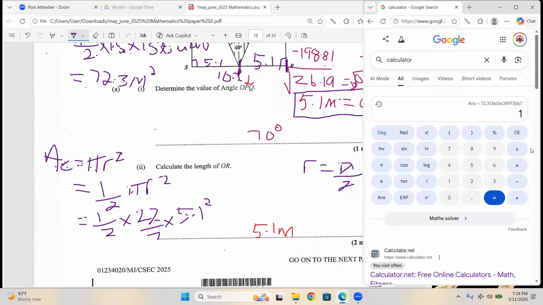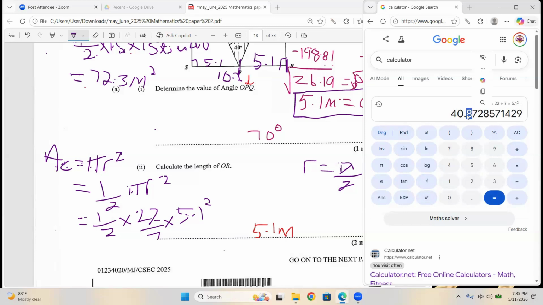Okay, so I am going to do 1 divided by 2, multiplied by 22 divided by 7, multiplied by 5.1 squared, which is the radius squared. That gives us what? Okay, so I got there.